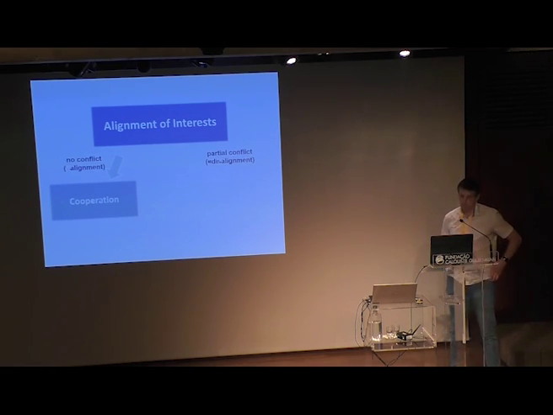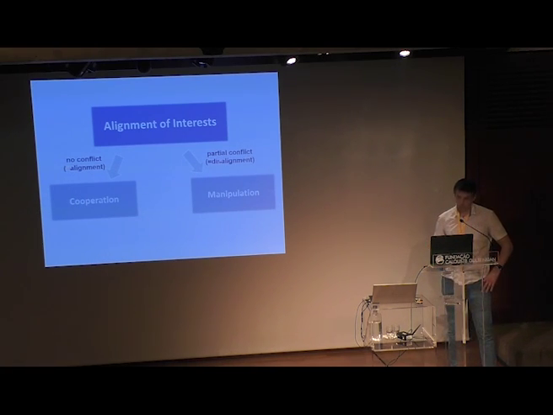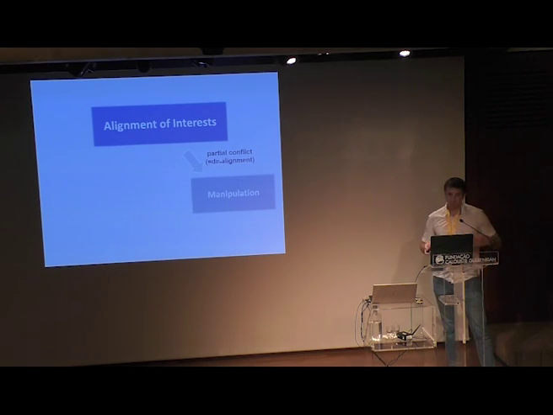When you have partial conflict of interest, and I would like to underscore that I don't mean total conflict of interest, interests are partially aligned, partially disaligned. So I'll use the word disalignment for that. That predicts manipulative communication, and that's the situation from signaling theory, which is the paradigm approach to animal communication.